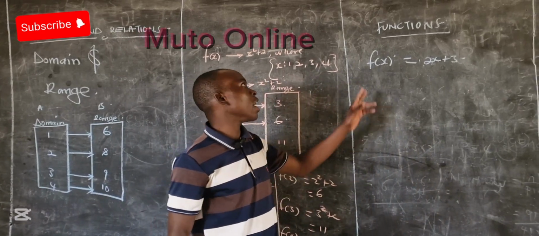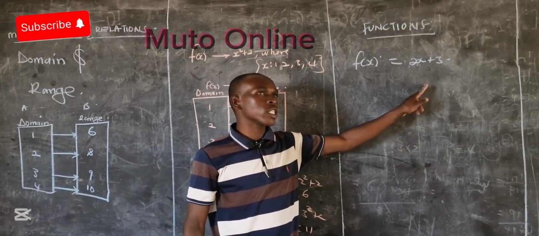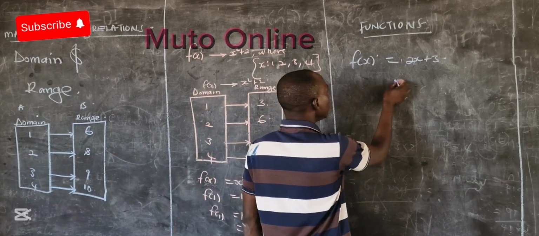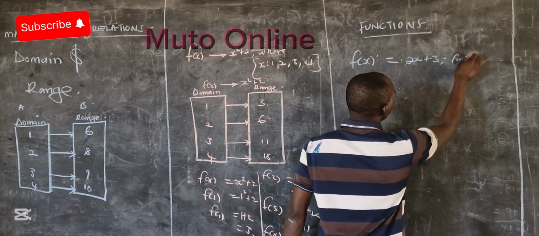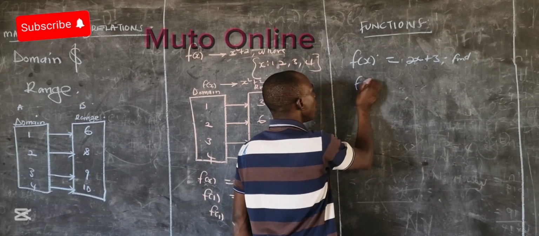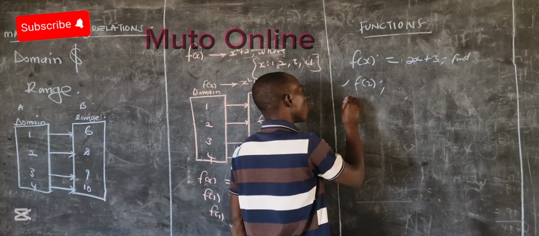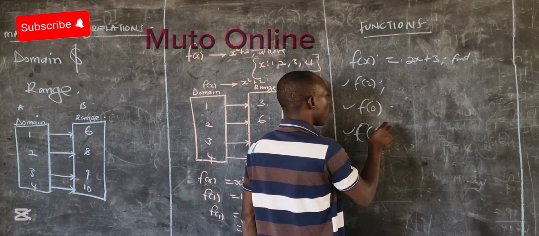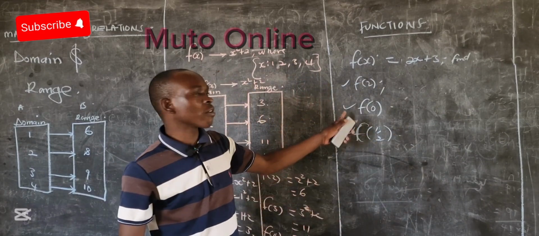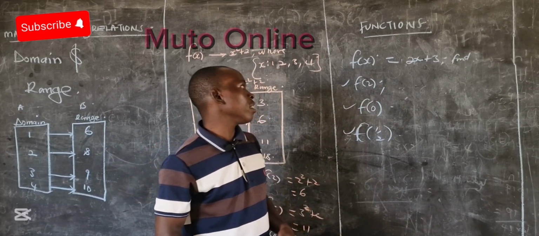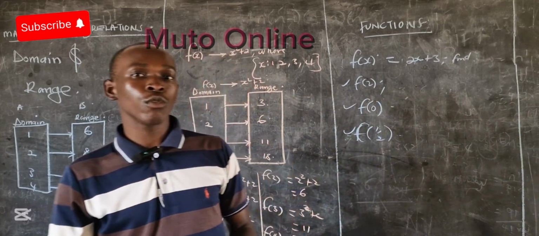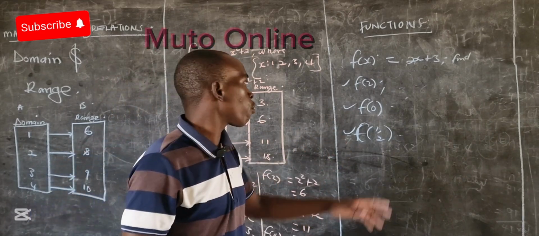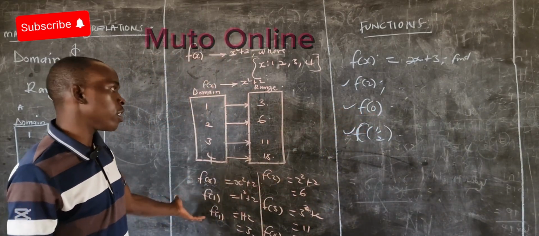Then they can tell you to find Roman 1, f of 2, Roman 2, f of 0, f of a half, like that. In case you are required to have this, then the last part, they can actually tell you to draw an arrow diagram to represent the given function.